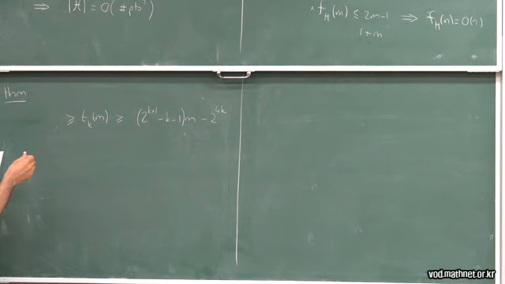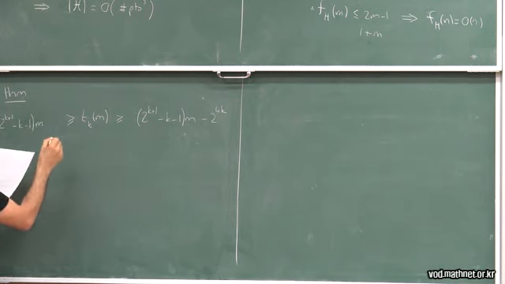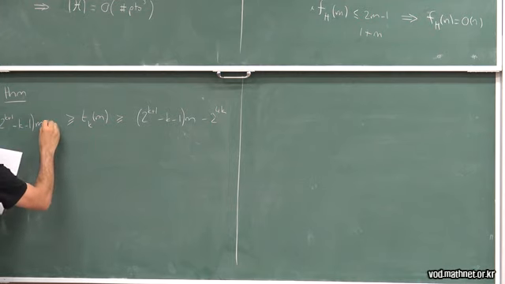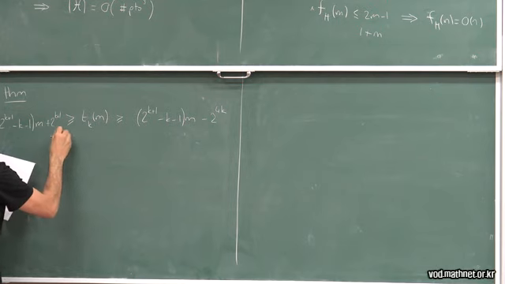But there's also an upper bound which has the same term, 2 to the k plus 1 minus k minus 1 times m. And here the noise is plus 2 to the k plus 1 minus k minus 2.